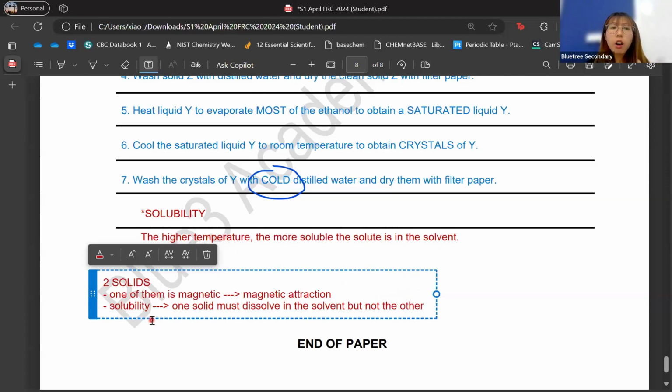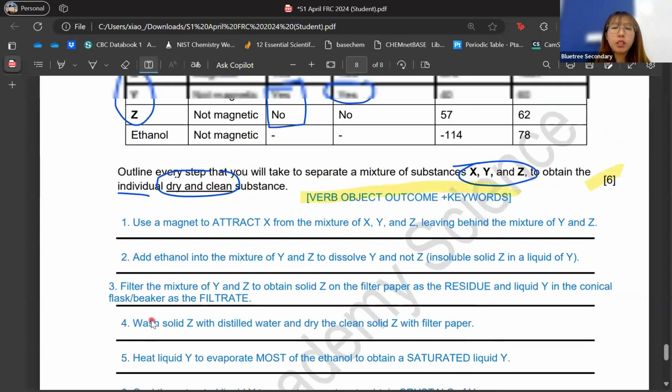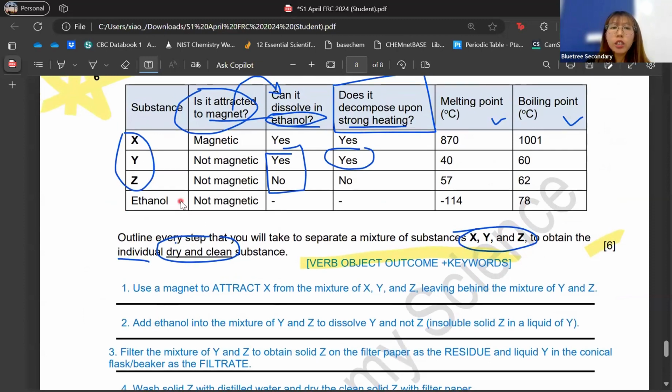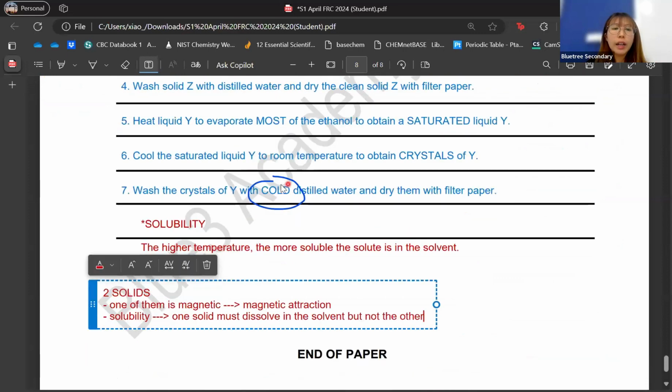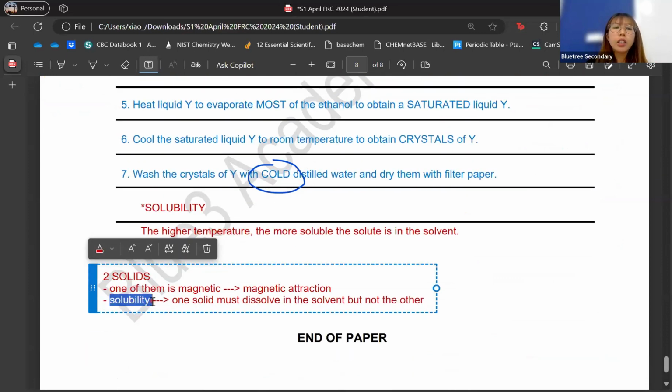That is why over here we performed this solubility technique. Jenny, do you see that Y and Z are both non-magnetic, but one of them is soluble in ethanol, the other is not. That is why to separate these two solids, Y and Z, I will rely on the concept of solubility. So when I add ethanol, one of them dissolves and not the other, and the next immediate step is to perform filtration.